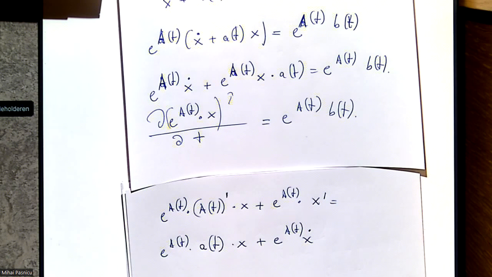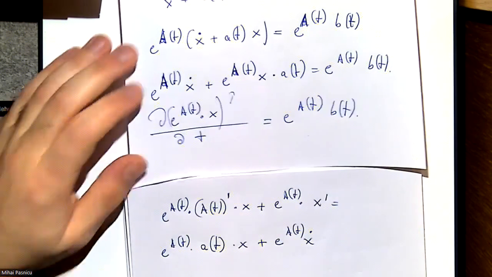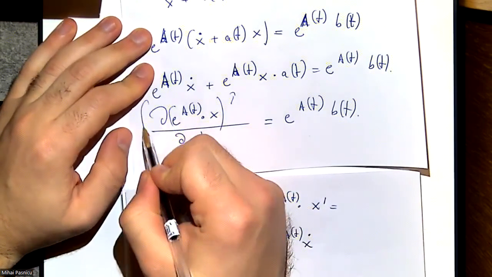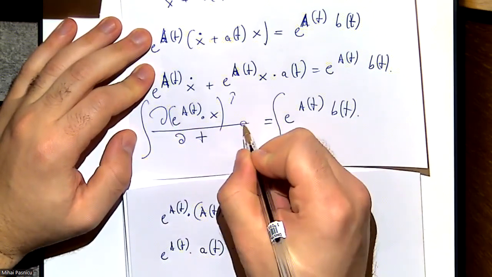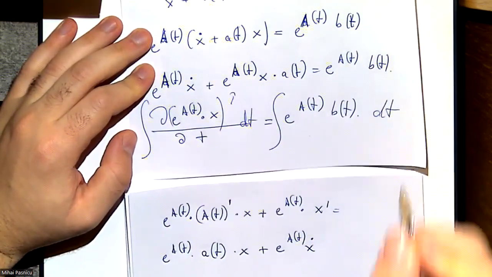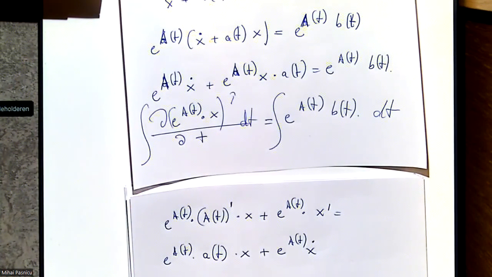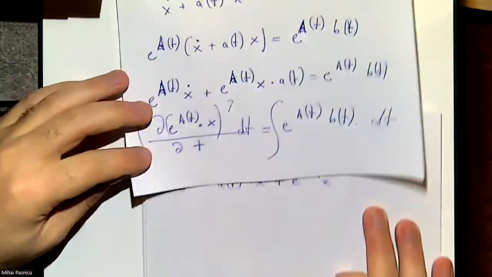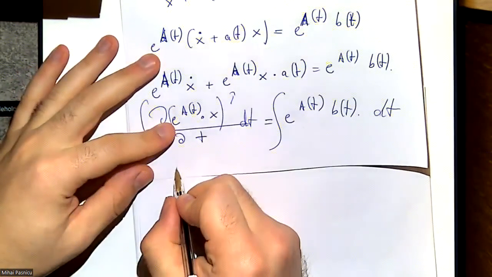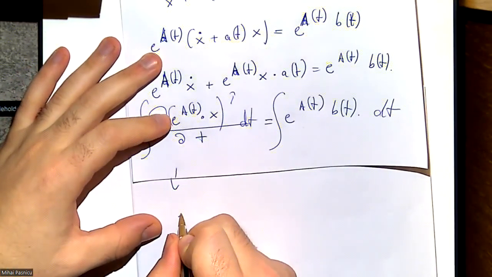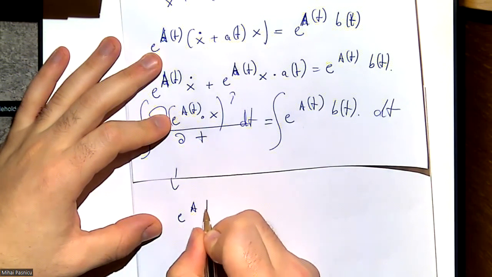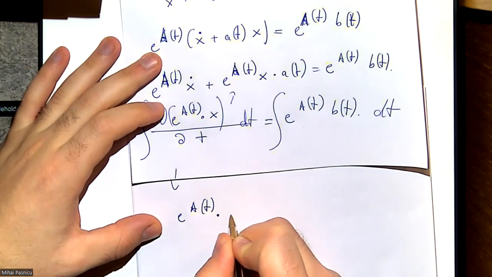Why? Because I can integrate this thing. So I will integrate on both sides, dt. Think about it logically: why would I want to integrate? Because integration is the opposite of derivation. So from this, I will just get e to the A(t) times x.